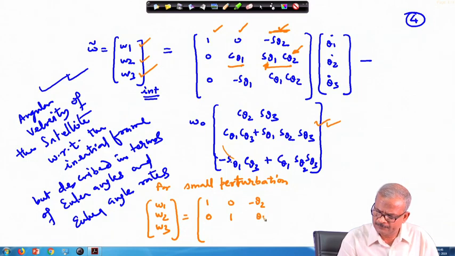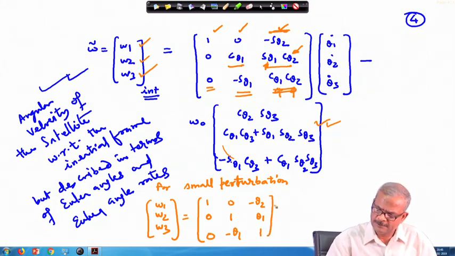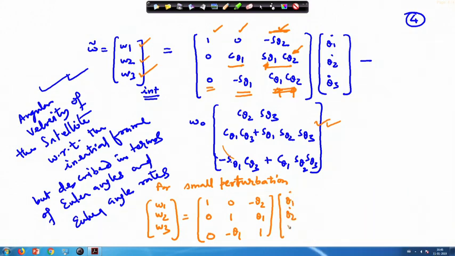So, this becomes theta 1, this part remains 0, this part is minus theta 1, and here c theta 1 c theta 2 are both 1. So, this gets reduced to 1, and this is multiplied by theta 1 dot, theta 2 dot, theta 3 dot, and then we have to subtract omega 0 times something.